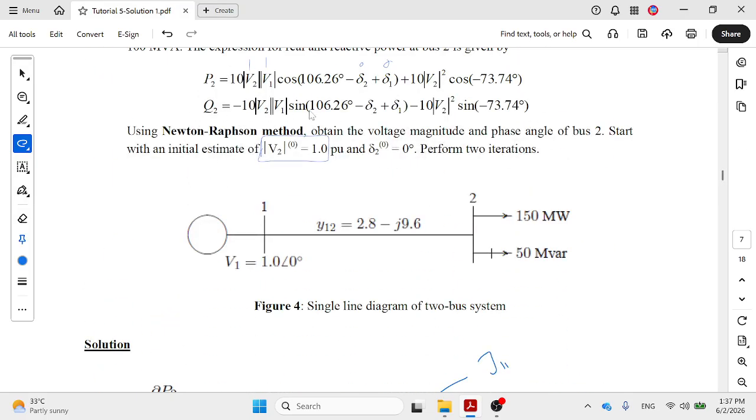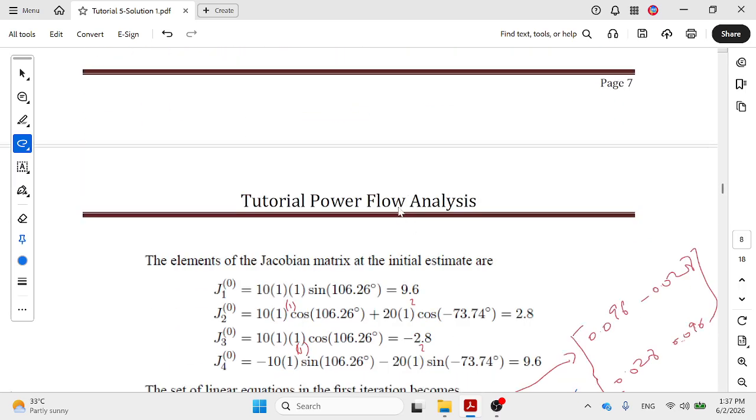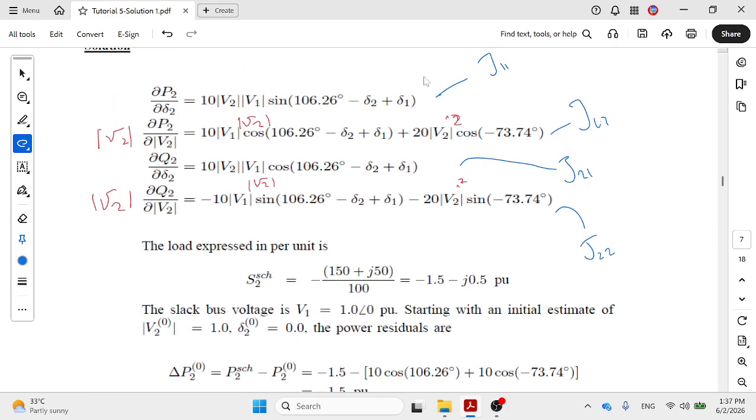So for the Q also, in the same way, you can calculate it by substituting this value here.